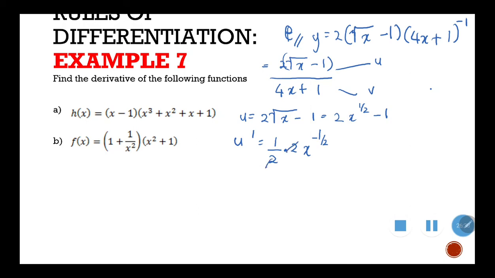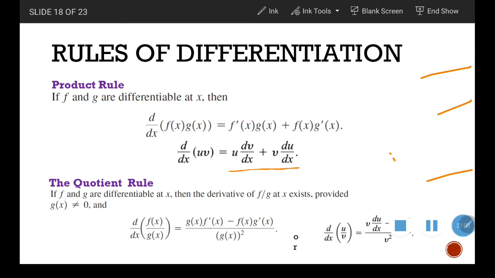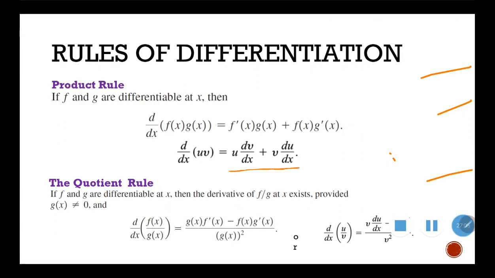So about V, V is 4x plus 1. V prime should be 4. This question calls for the quotient rule. This part. Okay, quotient rule.